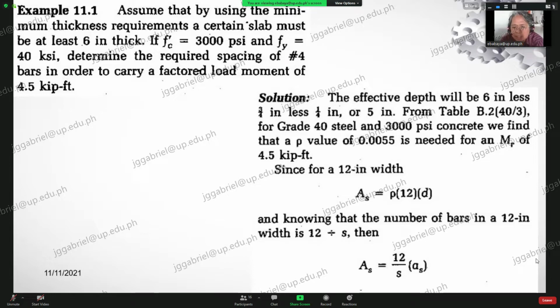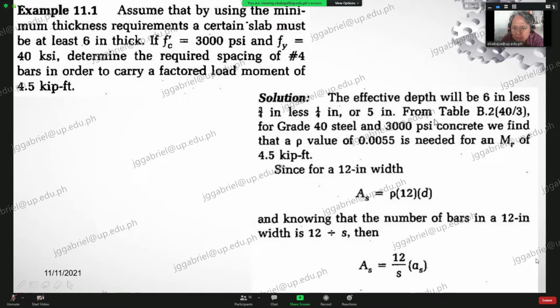Okay? It says the effective depth will be 6 inches. And then we have to less 3/4 inches, and then less 1/4 inches, or 5 inches. Ito yung, okay, this is the cover and then the diameter of the reinforcement. No?